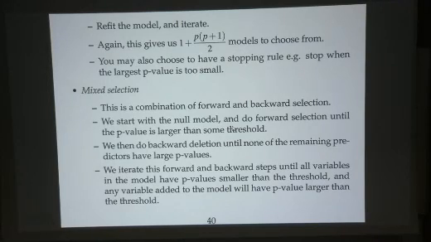For that, you have to come up with a stopping rule. In practice, we usually do forward and backward selection. Mixed selection is a combination of them, and it's more of a trial and error approach.